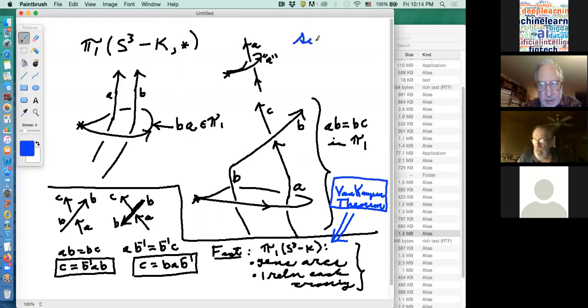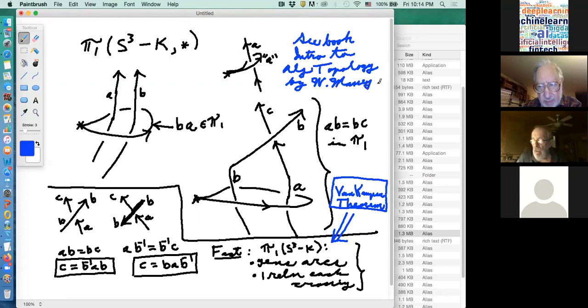See the book Introduction to Algebraic Topology by William Massey, which you can find in our Dropbox, or at least the excerpt that you need, I believe.